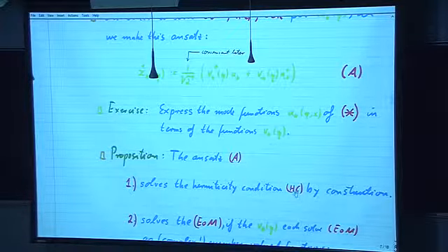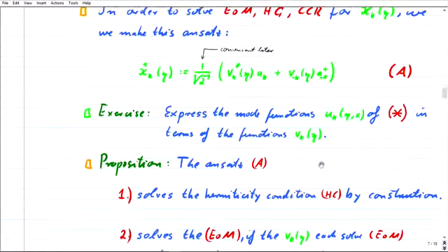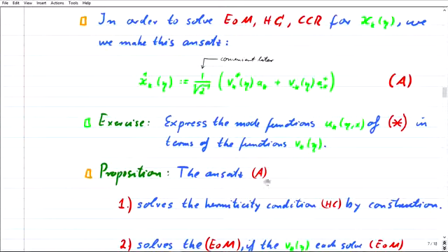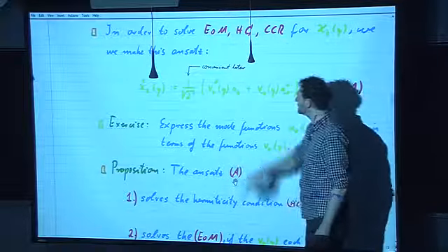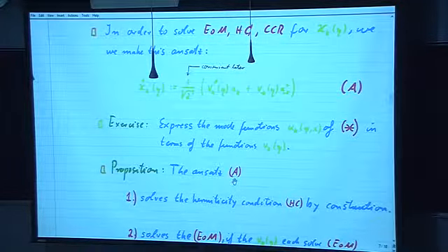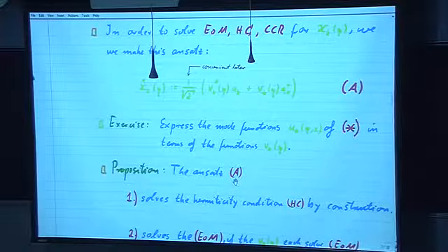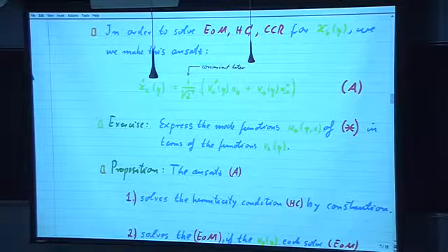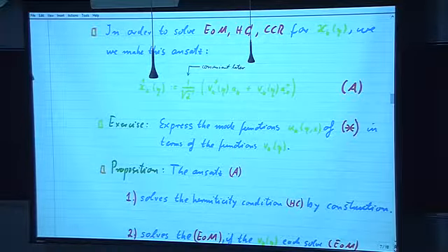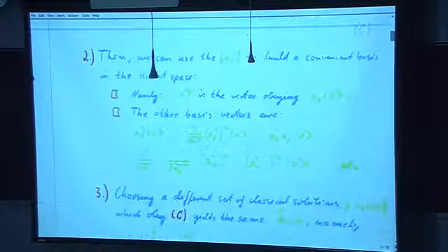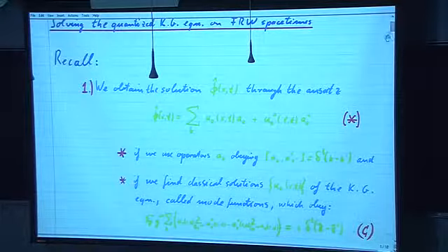Okay, so what's the relationship between the mode functions u that we had to express phi and the mode functions v that we have to express chi? So let me just show you where we started. We started with this.